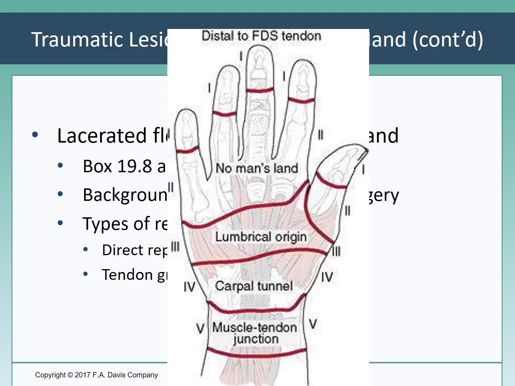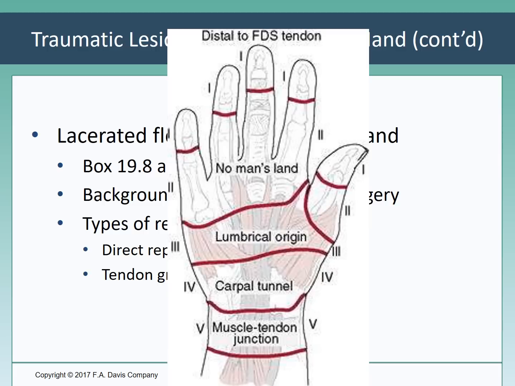If you have a laceration in no man's land, basically they just leave it alone, because doing surgery doesn't seem to do a whole lot. If they do surgery there, the healing tissues are prone to excursion or movement restricting adhesions. So sometimes doing surgery there causes more hand dysfunction than not doing surgery.